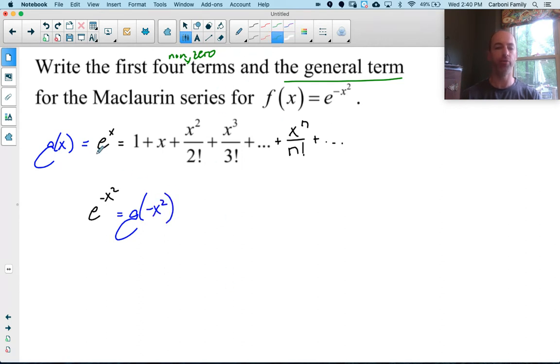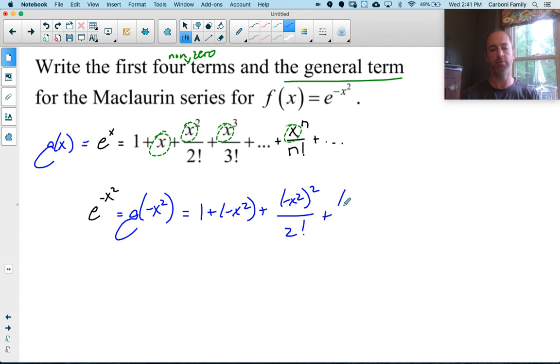So I'm going to go through this formula right here, and I'm going to take all the x's out and replace them with a negative x squared. So that would be 1 plus a negative x squared plus negative x squared squared over 2 factorial plus negative x squared cubed over 3 factorial plus dot dot dot plus negative x squared to the n over n factorial.